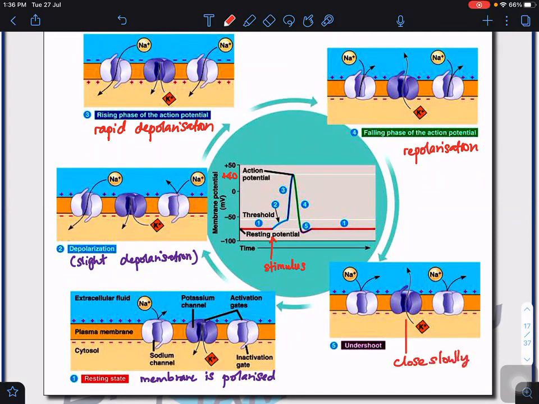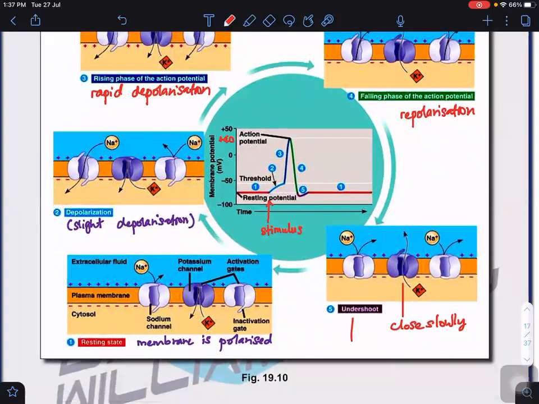When they close slowly, some extra potassium ions move out. When extra potassium ions move out, we have an undershoot. Because we lost more potassium ion, you have a little bit of undershoot here. This undershoot is termed as hyperpolarization.